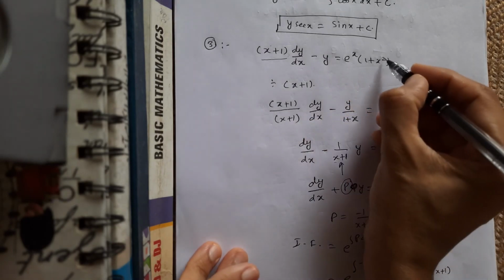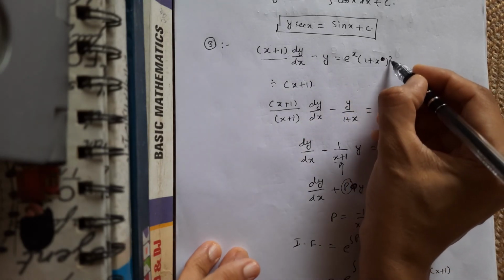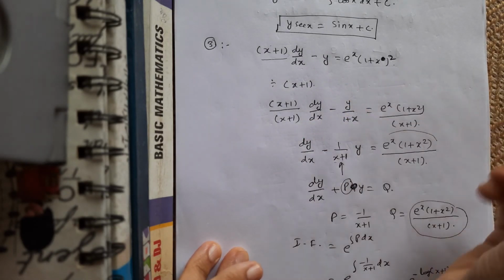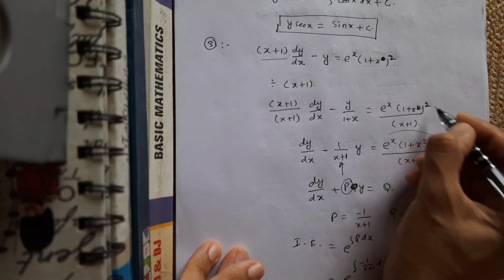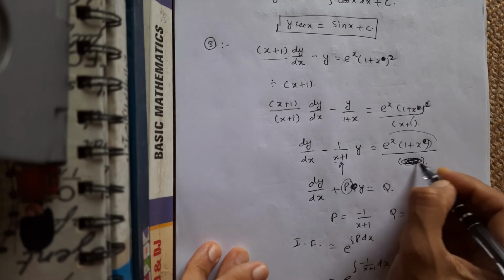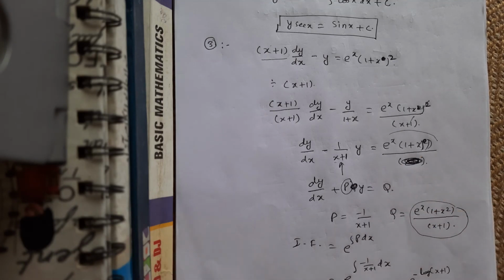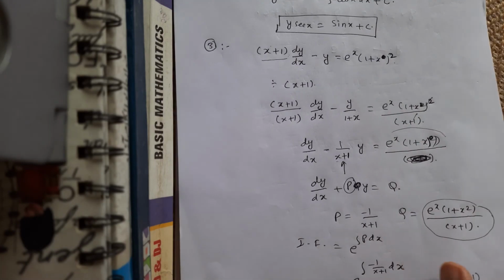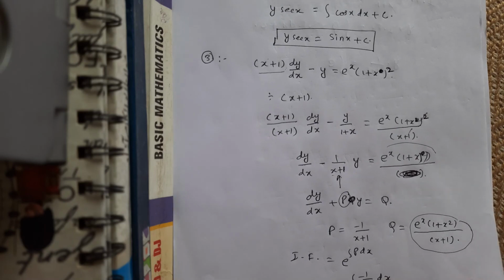I'm sorry, I made a mistake here. The square is given on the (1 plus x) term, not on the x. So I have the square term here, and one term gets cancelled. So just make these changes. I am extremely sorry for this.